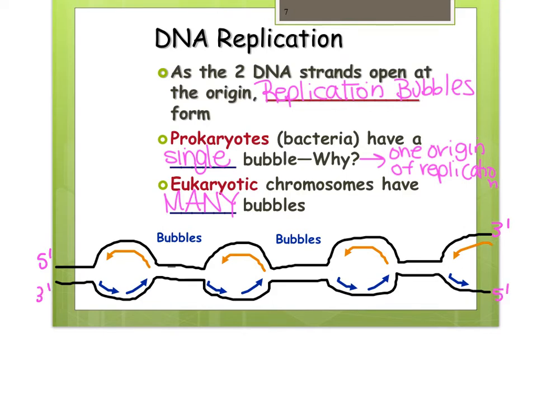It's still the same strands. What we've done is untwist it, getting it into that ladder form. At our origin of replication, we've started to break it open, and now we've got these bubbles forming that are going to stay there and allow space for replication to happen.